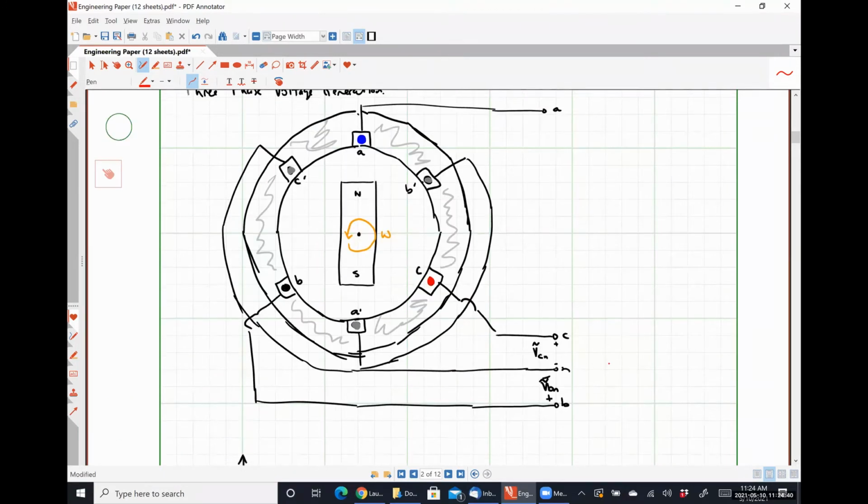Because based on where we've started, it hits A first, and then B at a later point in time, and then C at a later point in time. But if it were rotating the opposite direction, you could say that C is lagging by 120, and B is lagging by 240. So it all depends on the rotational direction, which is called the phase sequence, which is the next thing I'm going to talk about after I finish drawing this picture.